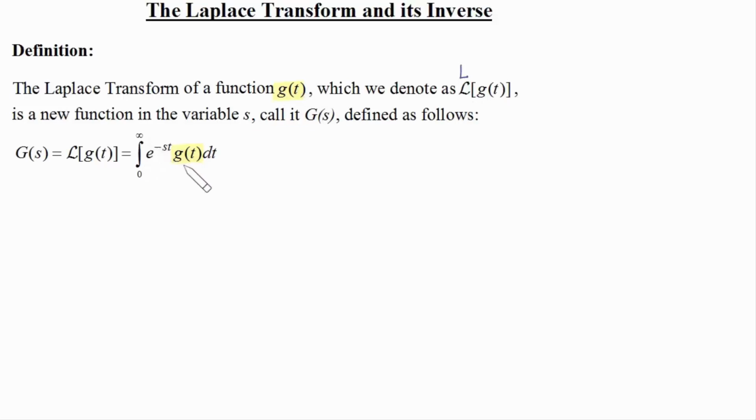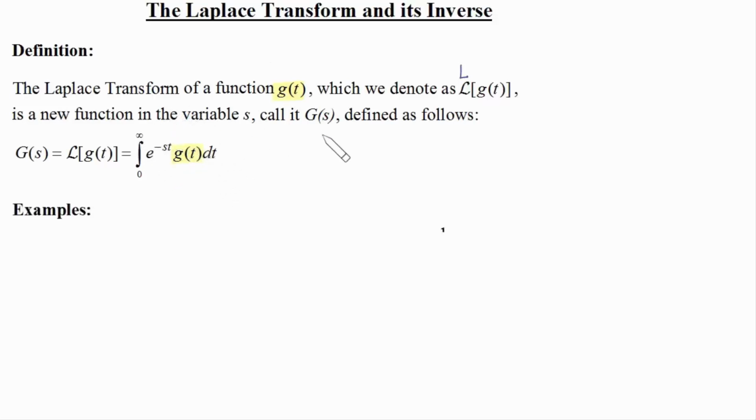Now notice that after we take the integral, we don't get t anymore because the integration is with respect to t, and what we're left with is a function of s. Also note that this is an improper integral, so sometimes we might have to put some number here and let it tend to infinity, or take the limit as it goes to infinity.